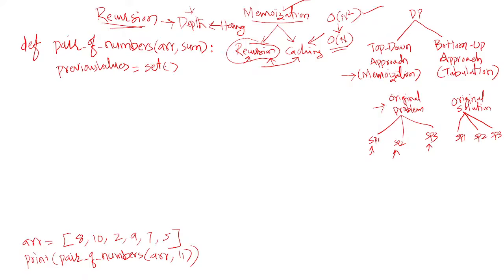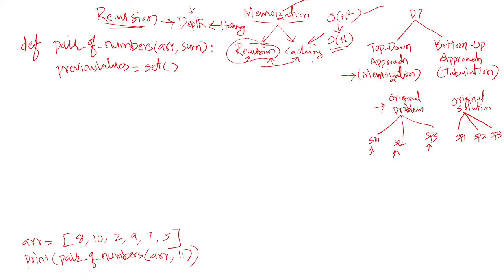Those duplicate values can be stored only once, and wherever we require the previous value we can get it from this set. If you use a list, then if there is any duplication, it will be stored again in the list. So in such cases it is better to use a set here.